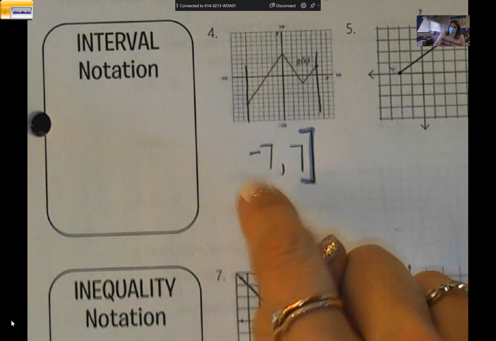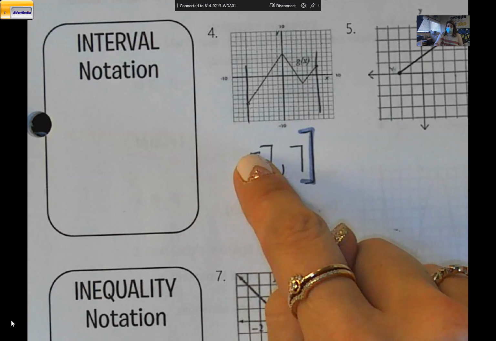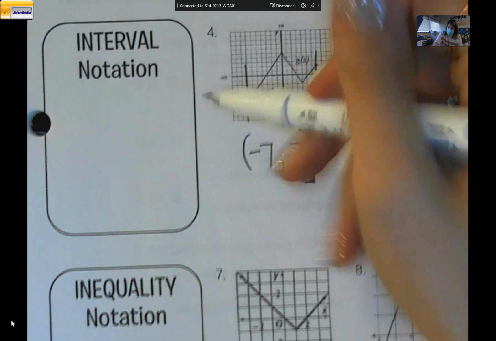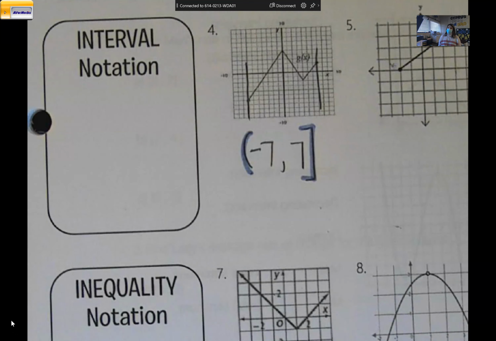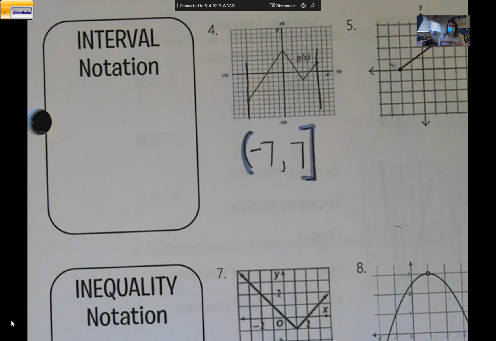So then, what do we use on this to show that it cannot equal -7? Parenthesis. So now what that means is this can be any number from -7 to 7. It cannot be -7.